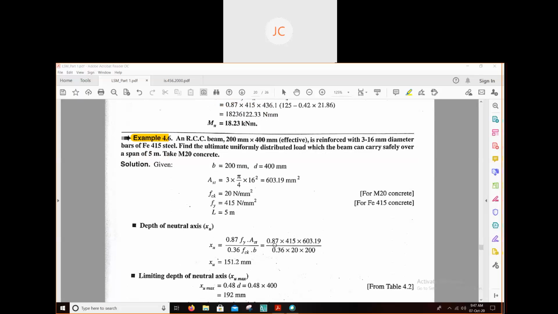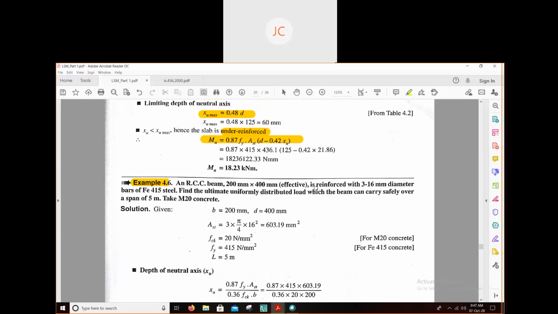So now what will be the type of section? Over reinforced or under reinforced? Under reinforced. So for an under reinforced section, find out the moment of resistance.